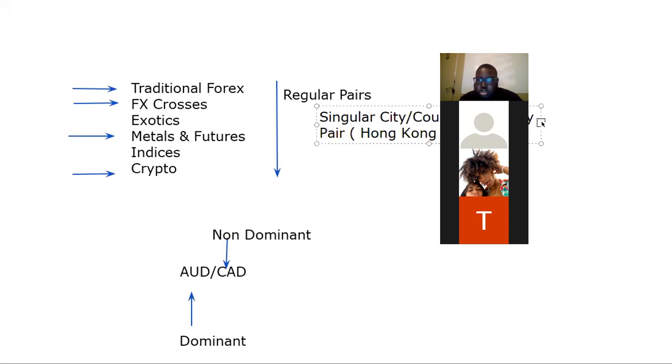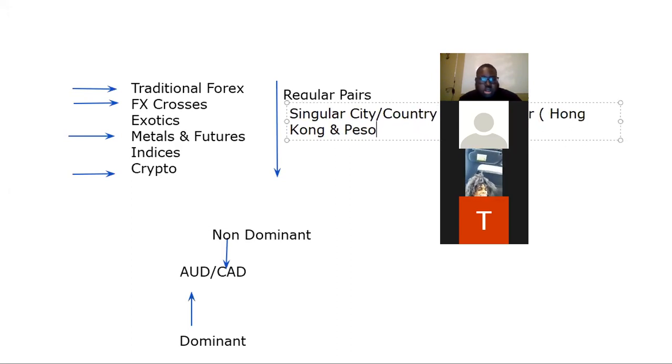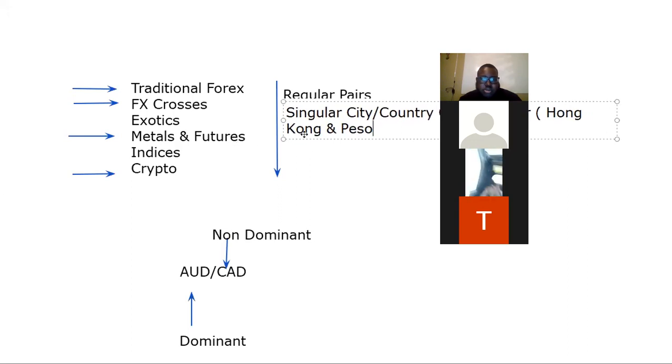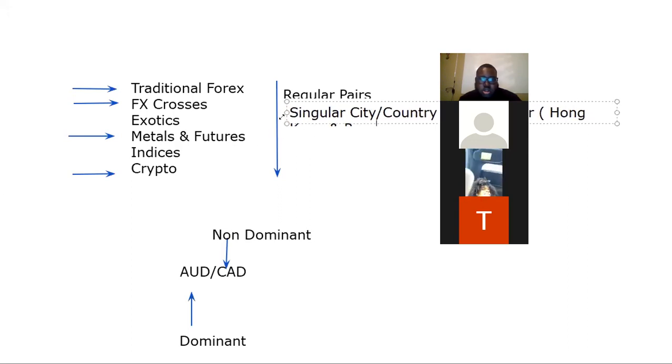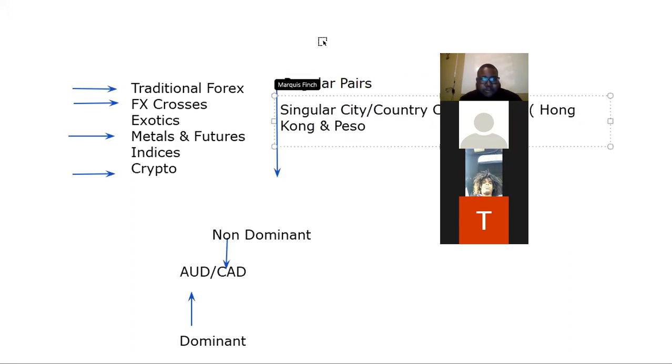That's what exotics are. See if I can make it all in one. No, I can't. Oh well. I'll put it right here. Better yet, I'll do this. And then put this right there.